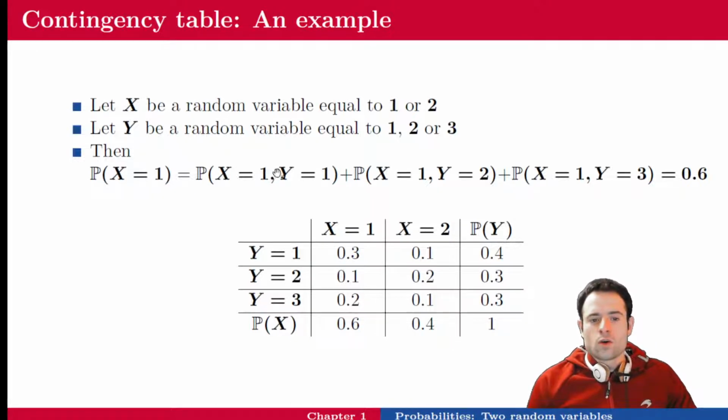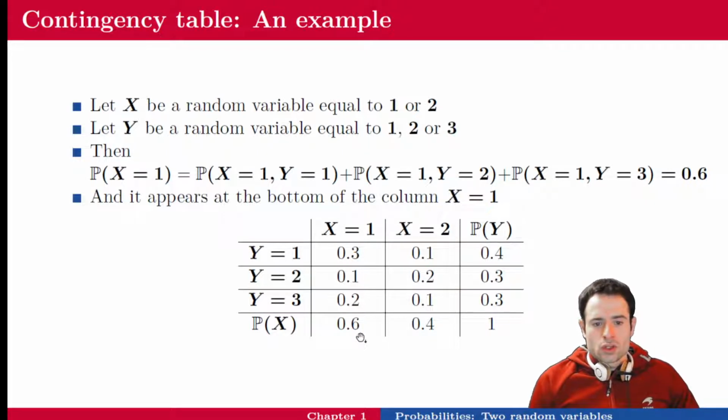X is equal to 1 and y is equal to 1, or x can be 1 and y can be 2, or x can be 1 and y can be 3. When you add them up, you are adding up all the probabilities where x is equal to 1 shows up, and that gives you a result of 0.6.